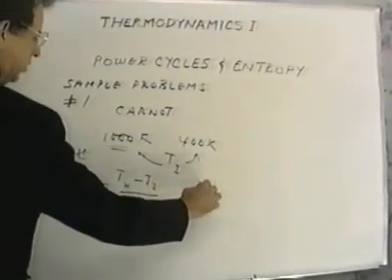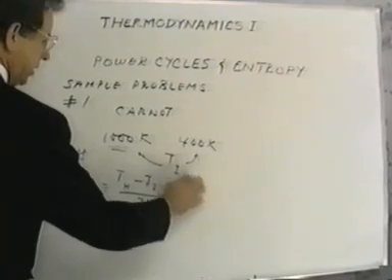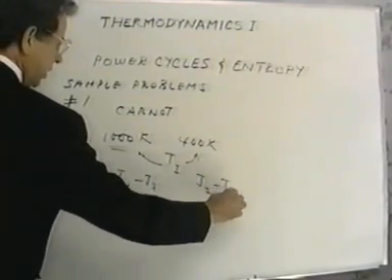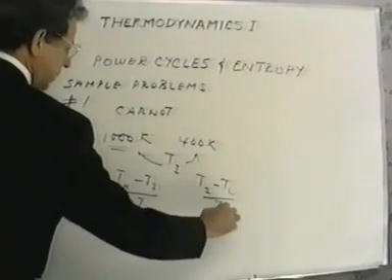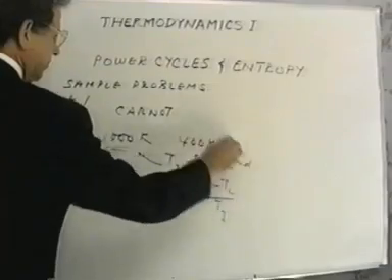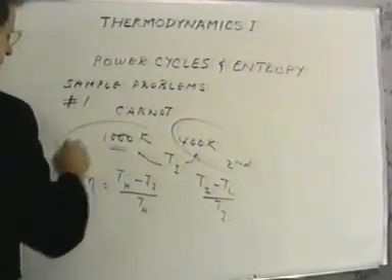Now the second one would start off with T sub I being its high temperature, subtract off T low, then divide this by T sub I. So that would be the second. This would be the first one.